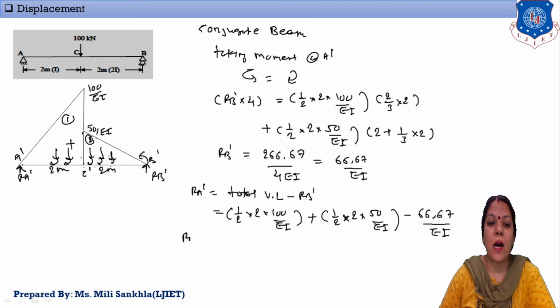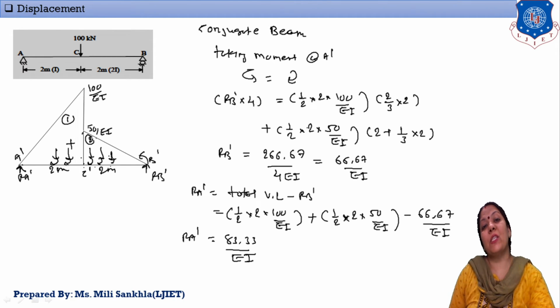Now my RA dash is equal to 83.33 divided by EI. Next we find out slope at A and slope at B.